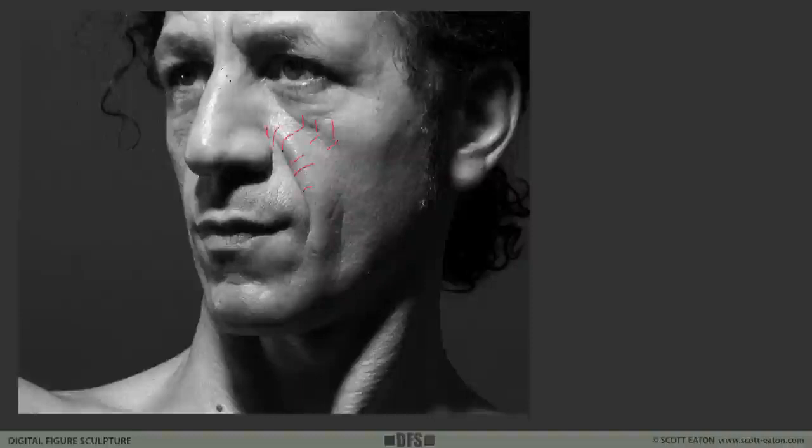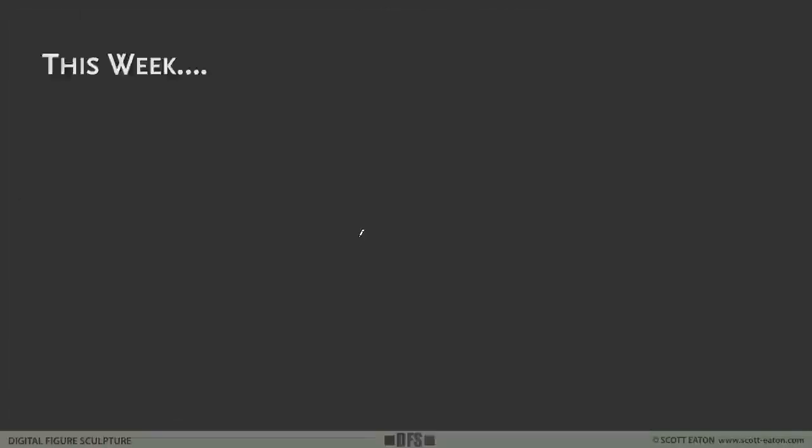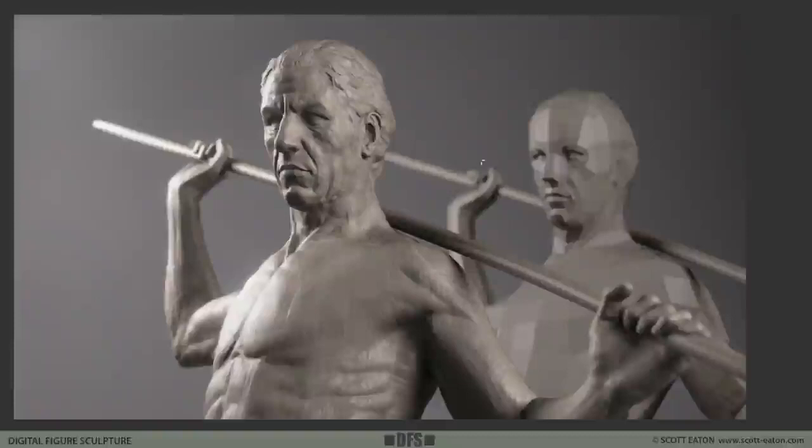Okay. So yeah, there's a lot of reference available to you this week for portrait stuff. And this is where we're headed, right? So this week we're going to build up our guy from the base mesh, or whatever we started with, wherever we left him last week. And we're going to get to somewhere around here over the next week.